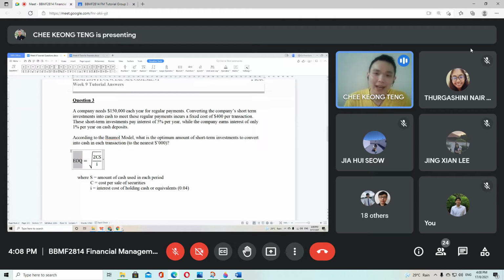Just like inventory management is every time when you order how many units. This one is every time you withdraw the money, how much you need to withdraw per time. So it's in RM. Try to calculate until you get the answer.